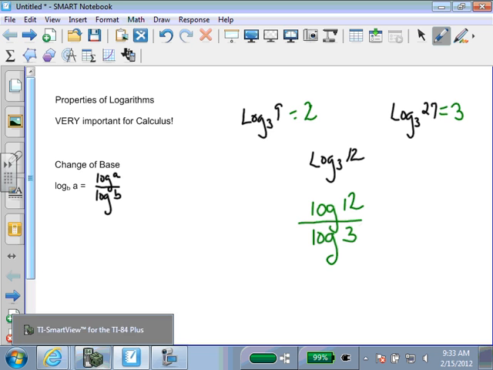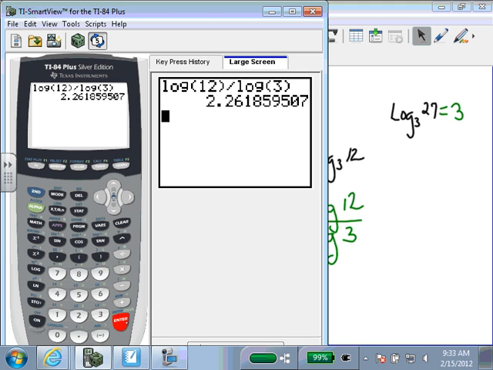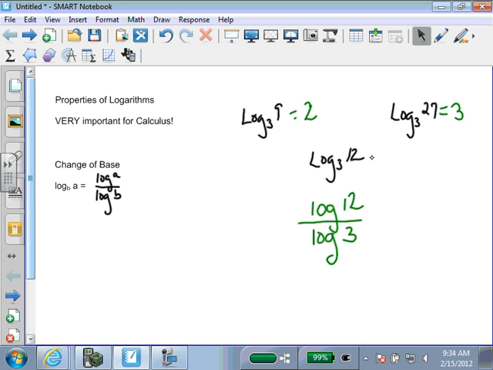And if I use my calculator, log base 10 of 12 divided by log base 10 of 3, I get approximately 2.262. Again, I'm showing it is definitely between 2 and 3, and closer to 2 than to 3.